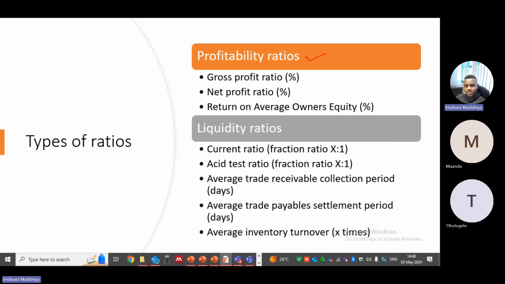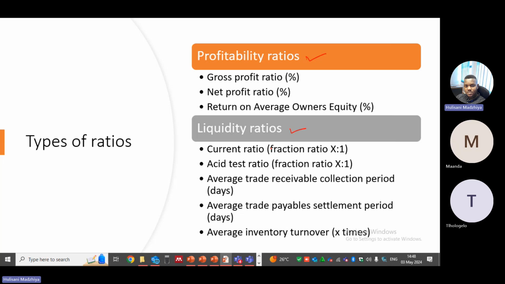Profitability ratios are the type of ratios that measure how efficiently the company is using its assets to generate returns. Here we assess the profitability of the company, its operations, and whether the strategy is actually paying off. And then the liquidity ratios.